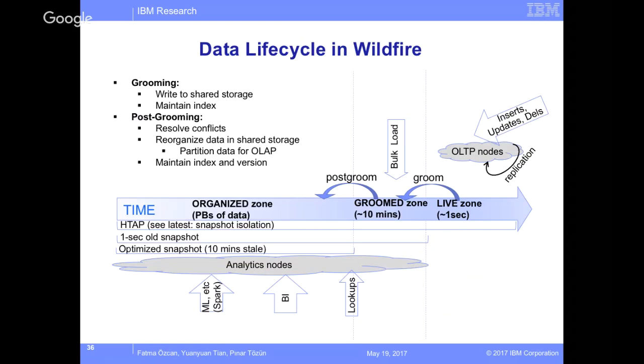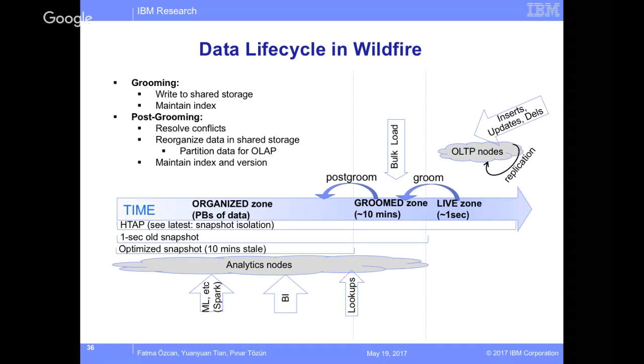And this is a picture of the life cycle in Wildfire. So you have the inserts and updates coming to Wildfire, and they are written to logs, and the logs are in the live zone. Then these log data are periodically groomed into the groomed zone. What does the grooming do? It writes to shared storage.